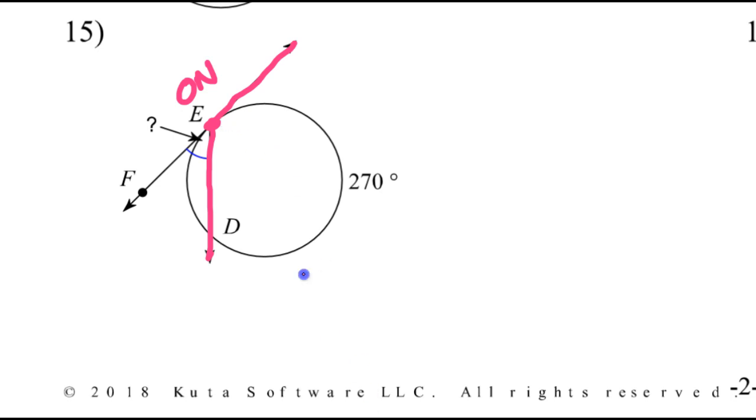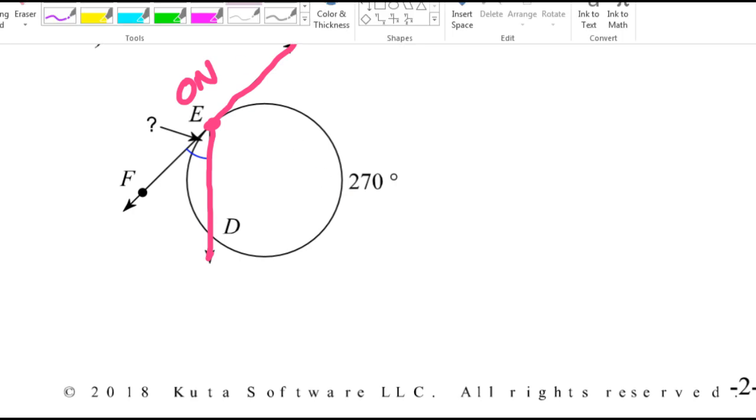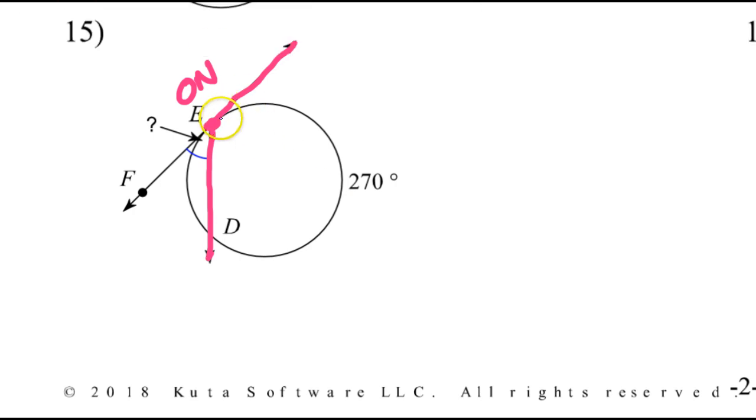So that rule about the angle being half the arc still applies. Now the arc I'm talking about is this arc right here that goes all the way around like this. All right, that's the 270. But the angle should be half of that. So half of 270 is 135.